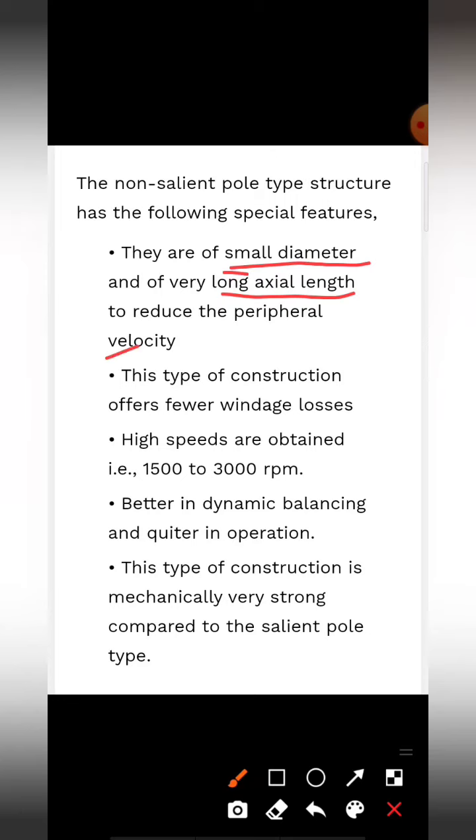This type of construction offers fewer windage losses. High speeds are obtained, between 1500 and 3000 rpm, with better dynamic balancing and quieter operation.